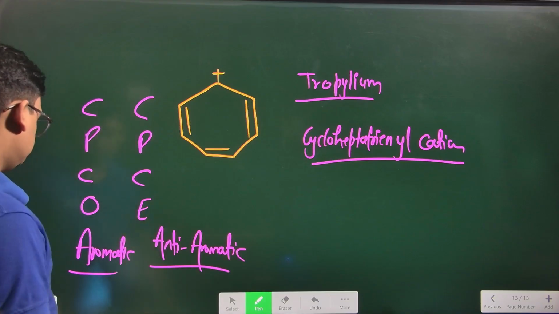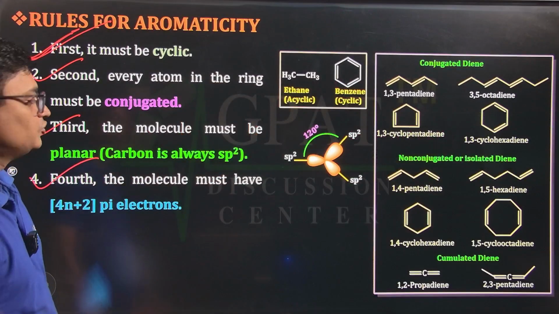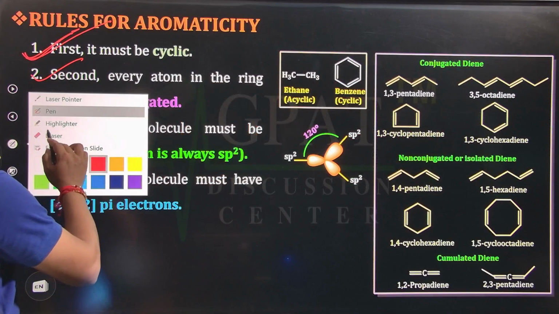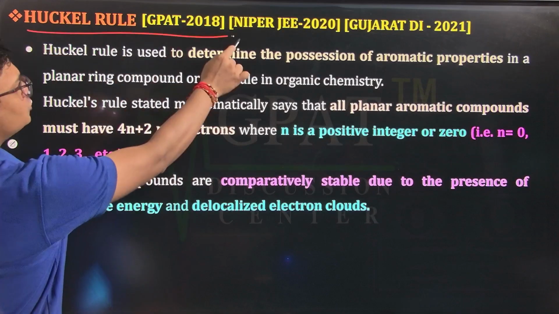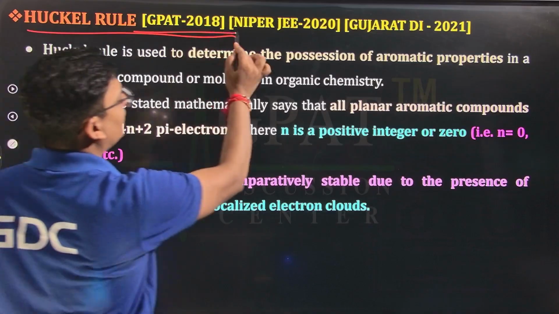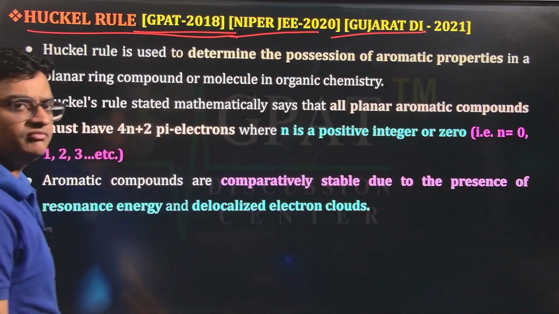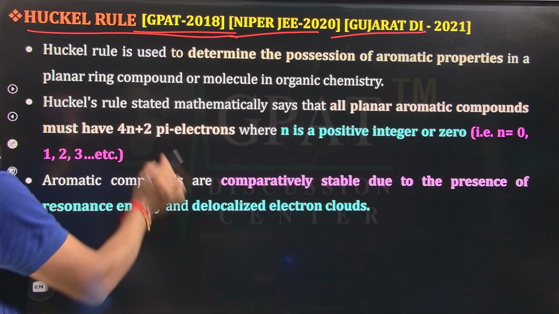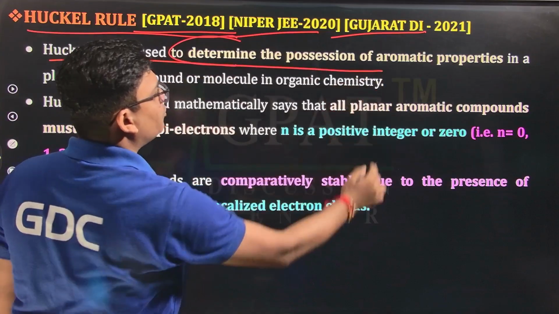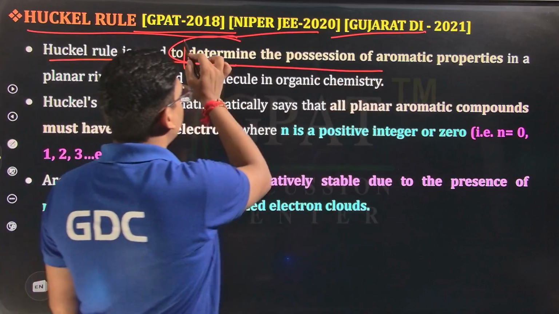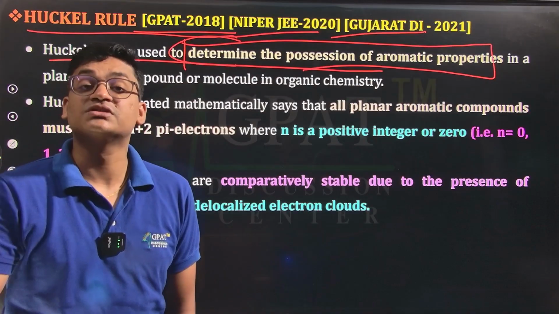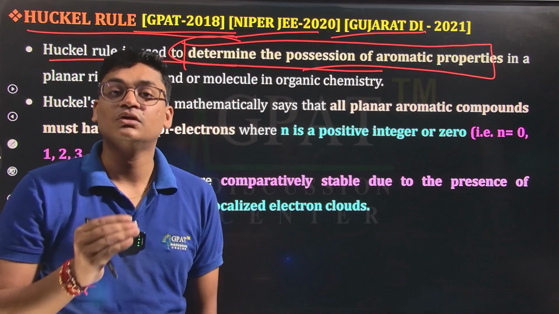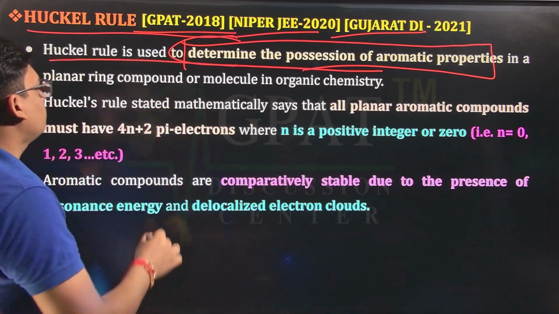Okay, now let's get to the cases in the PPT. So these were the rules. Now Hückel's rule, you can see in GPAT, NIPER, GUJRATI and many of the pharmacist examinations as well. Hückel's rule is used to determine the possession of aromatic properties. This was the question. Hückel's rule is used to describe the aromaticity, to discuss the aromatic properties.